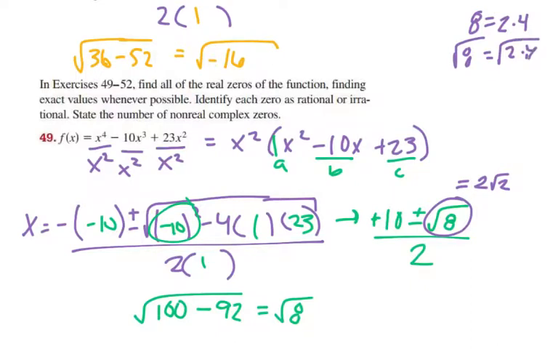And in square root land, you can split up the square roots if they're multiplied. So you can see you have a square root of 2 and a 2 left over. Because of that, we can divide each of these pieces by 2. 10 divided by 2 makes 5, and 2 divided by 2 makes a 1. So 5 plus or minus the square root of 2.